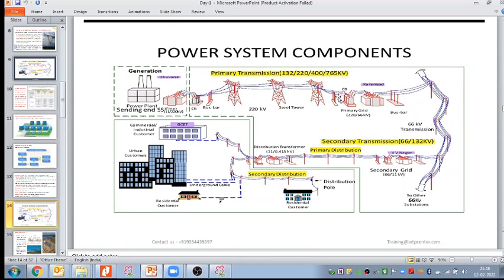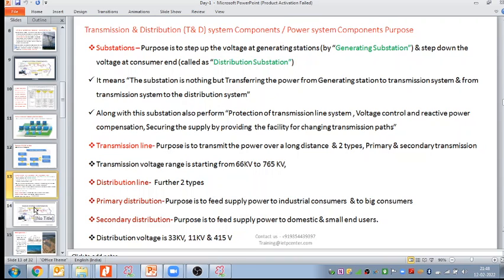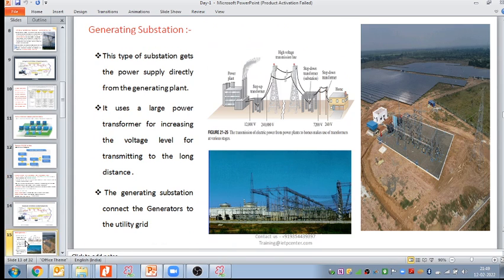Here again we can see the same power system network that we have already seen. Now the next point: we discussed the purpose of substations, the purpose of transmission lines, and the purpose of distribution. Let us now see the role of generating substations. This type of substation gets power supply directly from the generating plant.